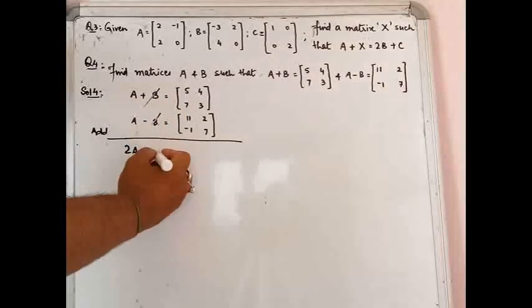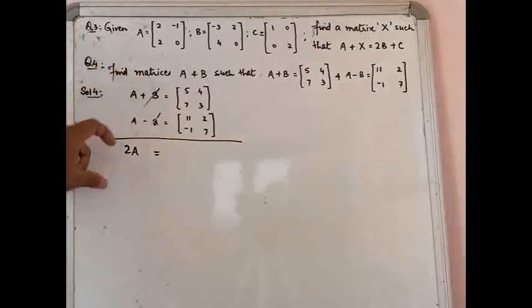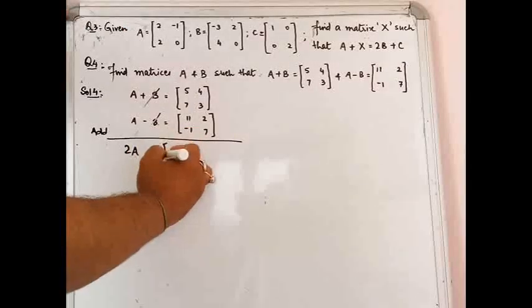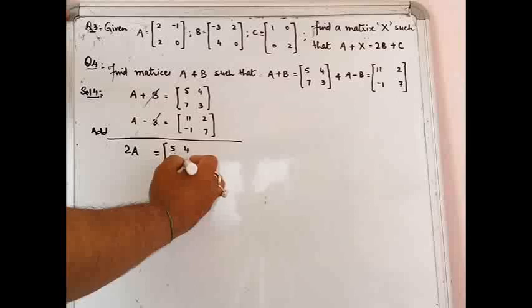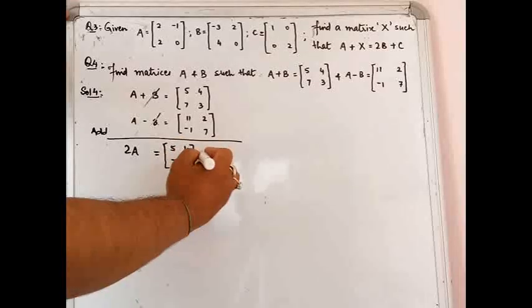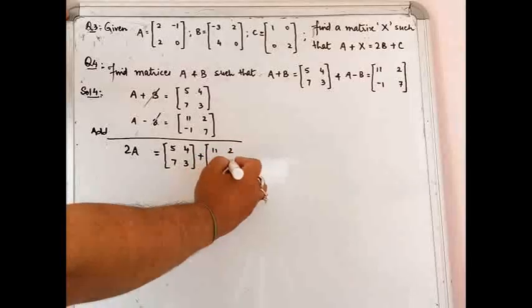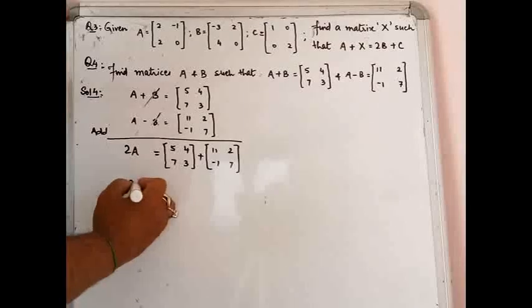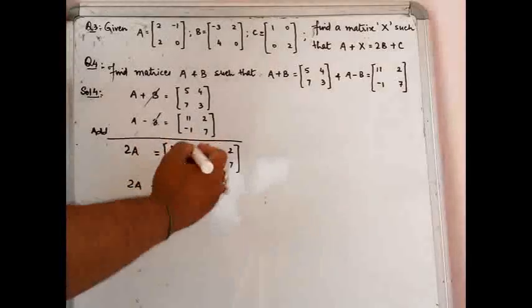So 2A is equal to, now obviously when you have added things on the left hand side, you will add on the right side also. On the right side, there are two matrices that have to be added, so you first write them down like this: plus 11, 2, minus 1 and 7. Now 2A is equal to, let us go ahead and add.